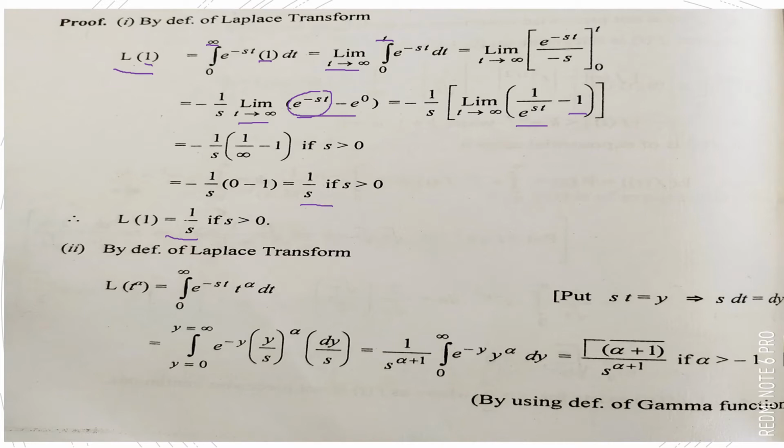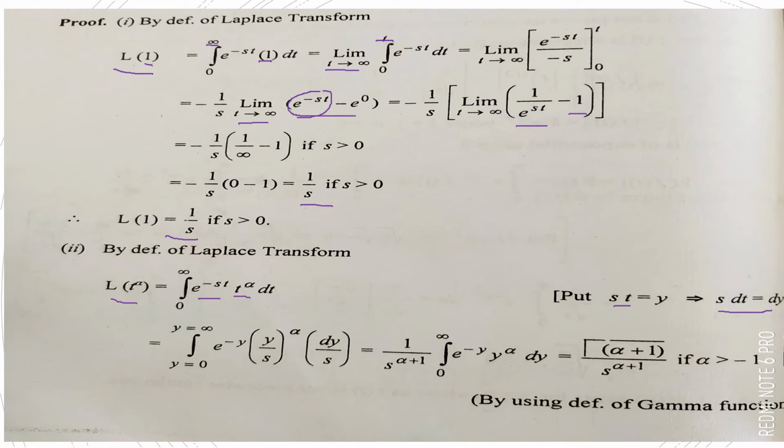Similarly, we have the second formula, Laplace of t raised to power alpha. Again, using the definition of Laplace, e raised to minus st f(t). What is f(t) here? t to the alpha. So in order to solve this, put st equal to y. Then we have s dt equal to dy. So the integral is converted into the y variable.